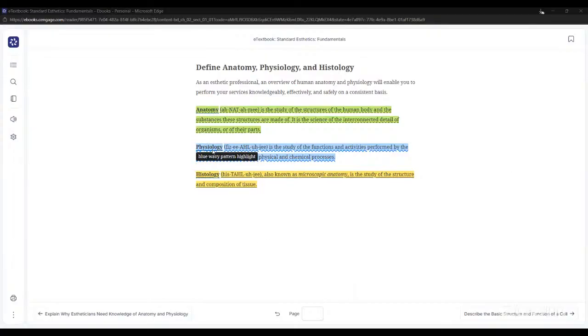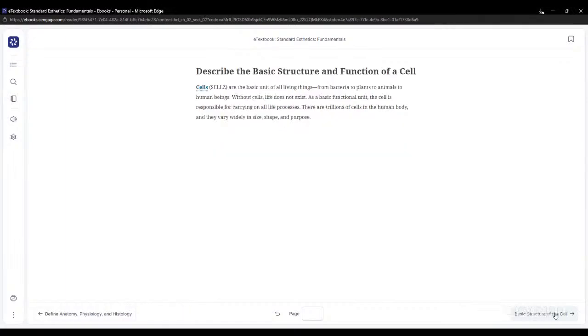So anatomy, physiology, histology. Anatomy is the structure, physiology is the function of those structures, and histology is microscopic anatomy. The little things we don't see, cells, tissues, things of that nature. Looking at cells, it is the basic living things.